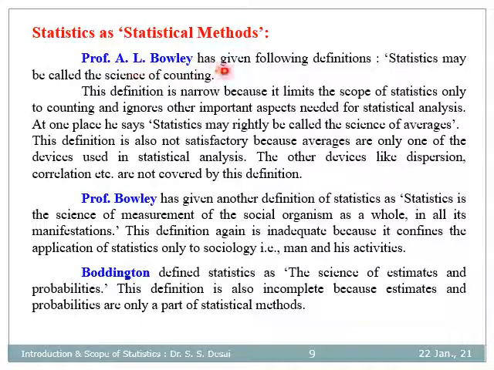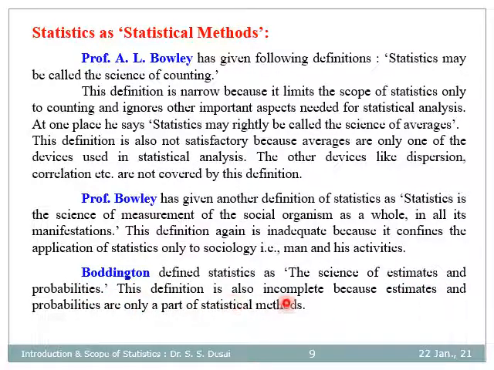So these are some definitions of statistics as statistical methods. Professor Bowley has given the definition of statistics as, statistics may be called the science of counting. Bowley again has given another definition. Statistics is a science of measurement of the social organism as a whole. Boddington has given this definition: the science of estimates and probabilities.